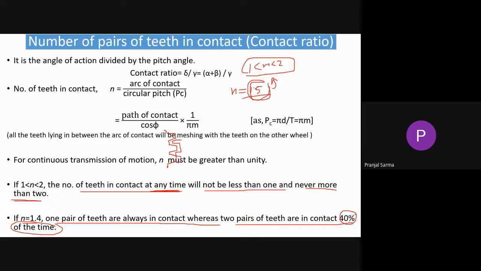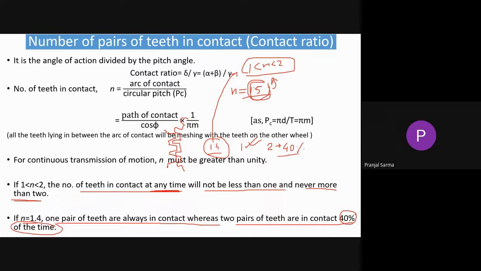Even though we get fractional values for n, in actual sense the teeth are one tooth, two teeth, like that only. So if it is 1.4 or 1.5, it lies between 1 and 2, so one pair is always in contact, and two pairs will also be in contact, but for 40% of the duration of the time.